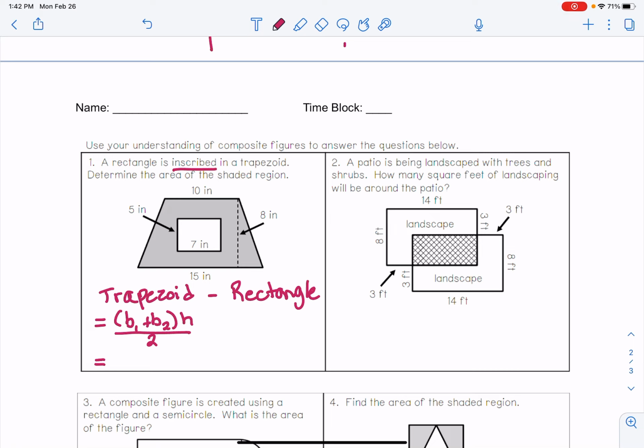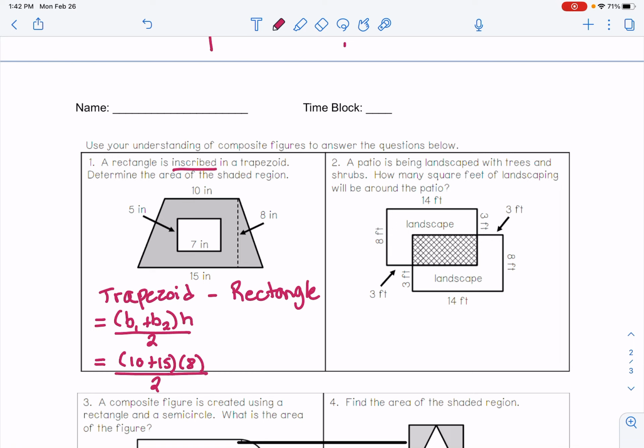Our two bases are the two parallel lines in the trapezoid, the one on the top and the one on the bottom. So we're going to add together 10 plus 15, multiply it times the height, which is the distance between the two bases, of 8, and then divide by 2.